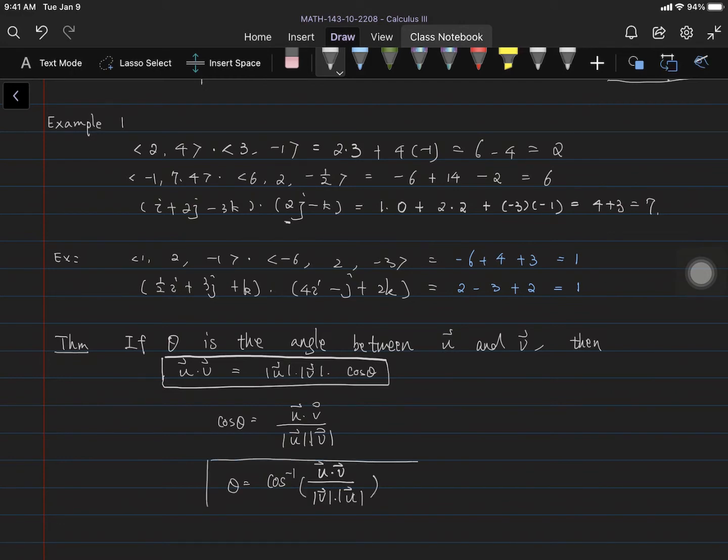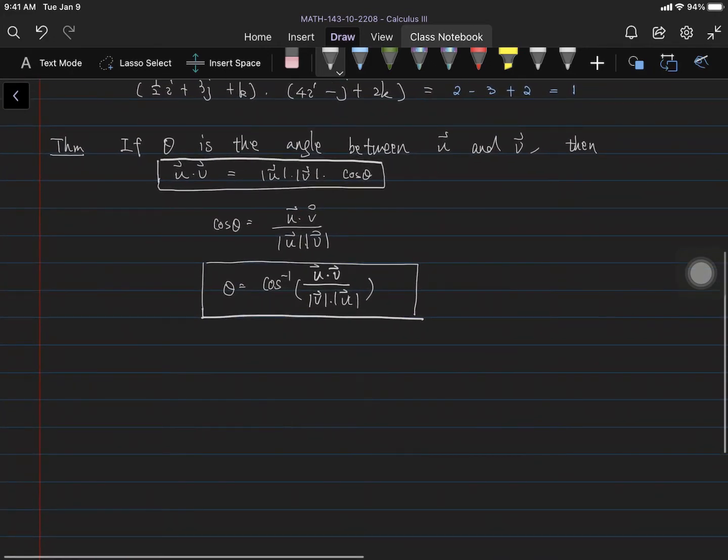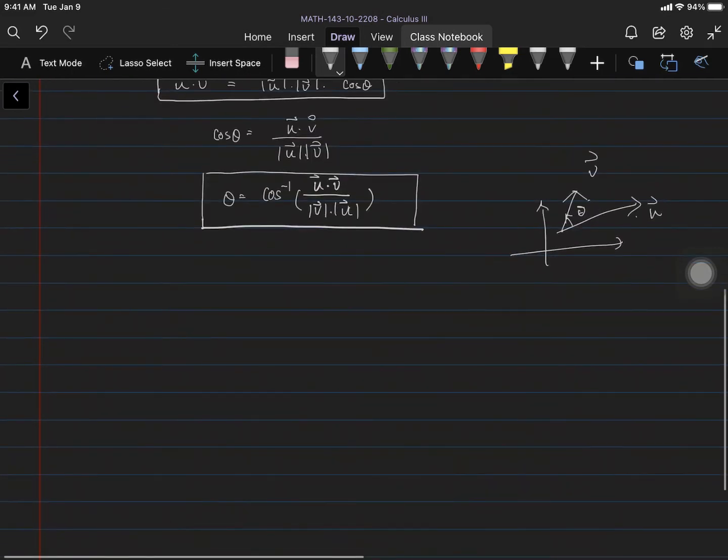So by using this formula, we can find the angle between two vectors, because a vector has direction. For example, if we have two vectors u and v, what is the angle?